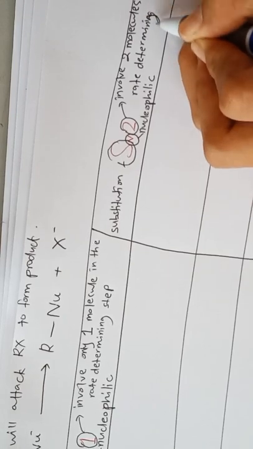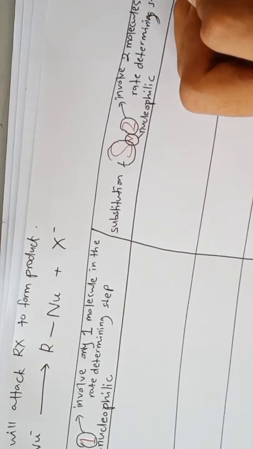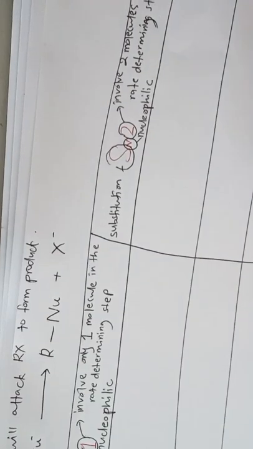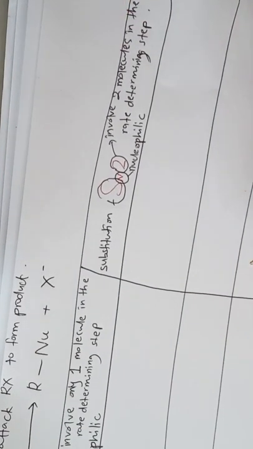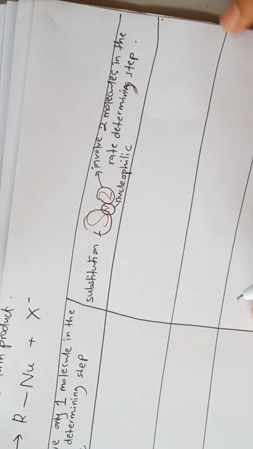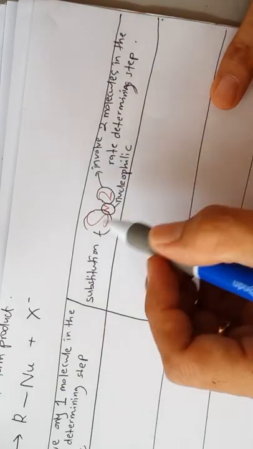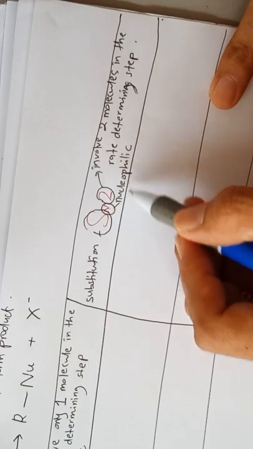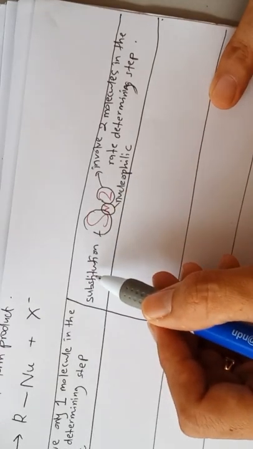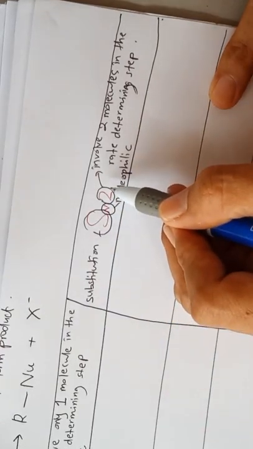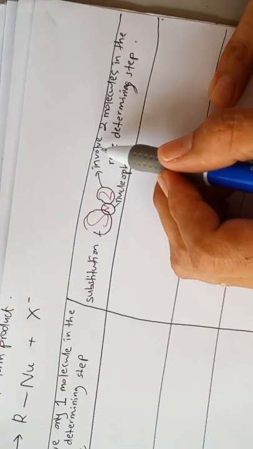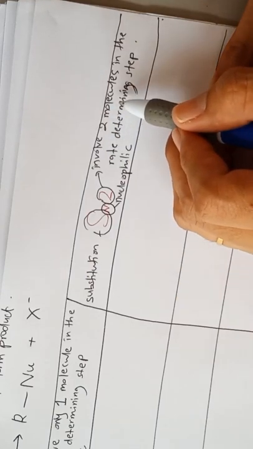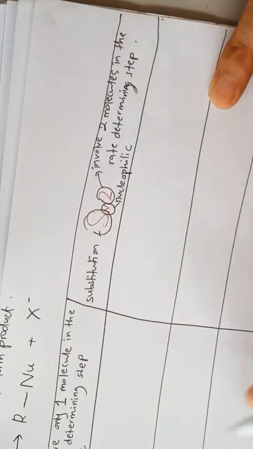Sorry, you cannot see that. I'm sorry about that. So for the SN2 mechanism, N is nucleophilic, S is substitution, and 2 is because in this mechanism it will involve two molecules in the rate determining step.